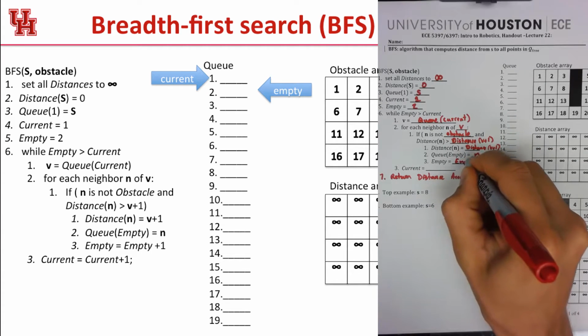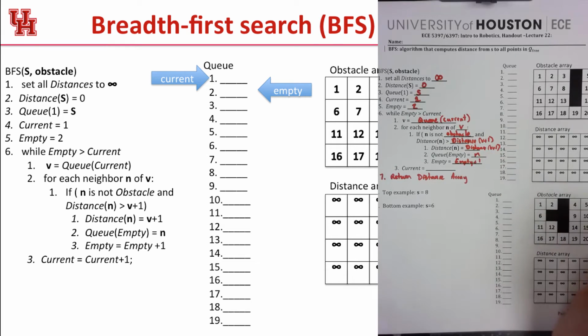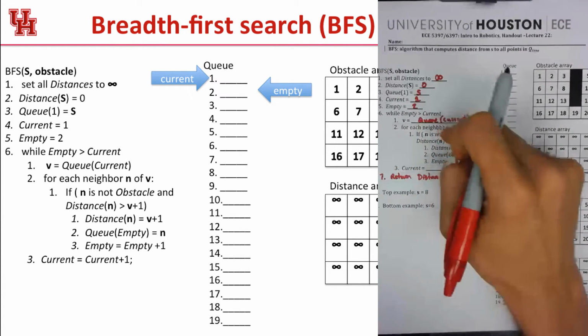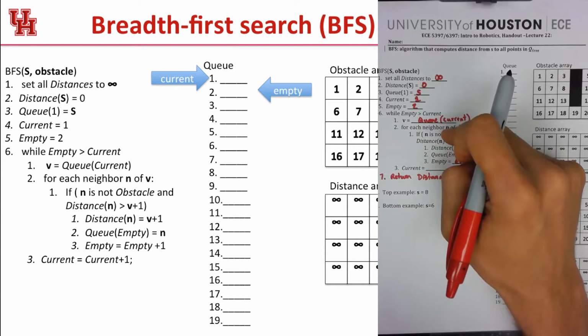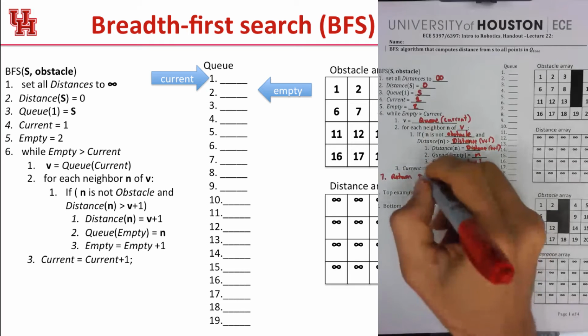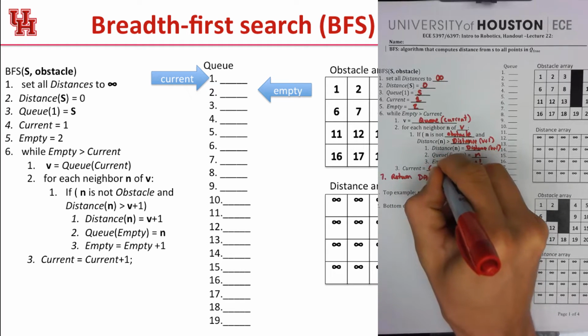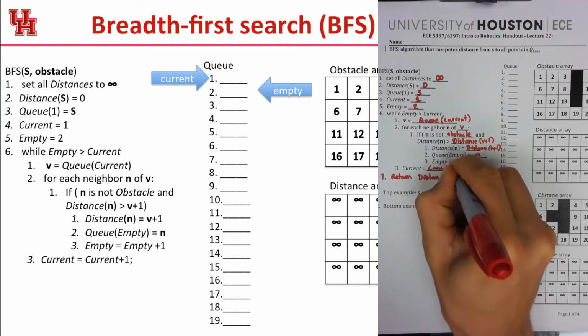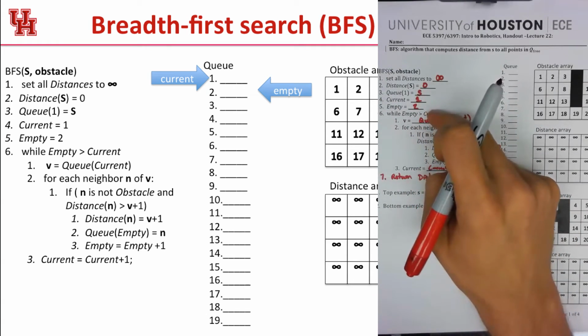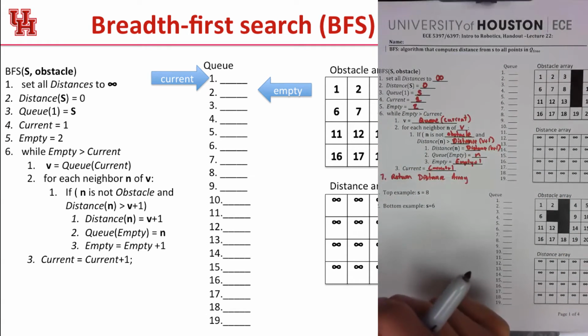So empty equals empty plus 1. And after I've done each of my neighbors, then I'll say current is equal to current plus 1. And I'll keep on going until my empty catches up to my current pointer, and then I'll return that distance array.